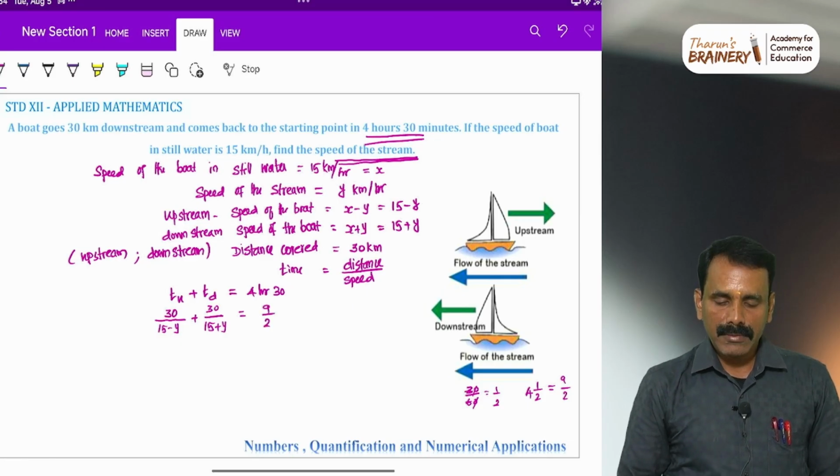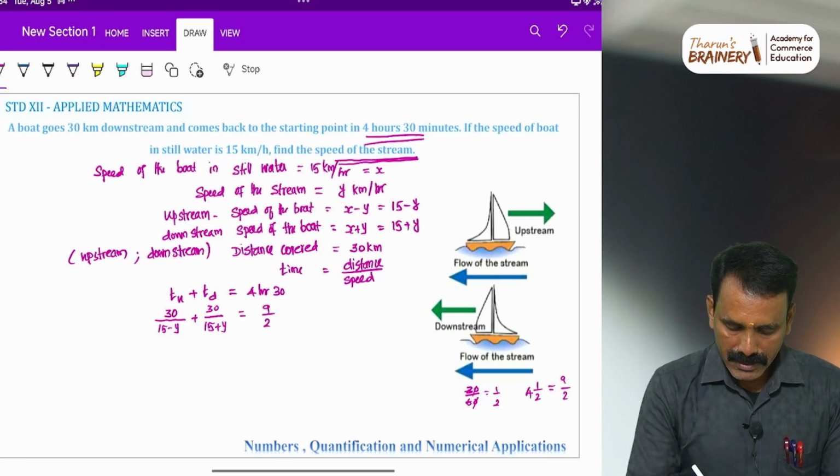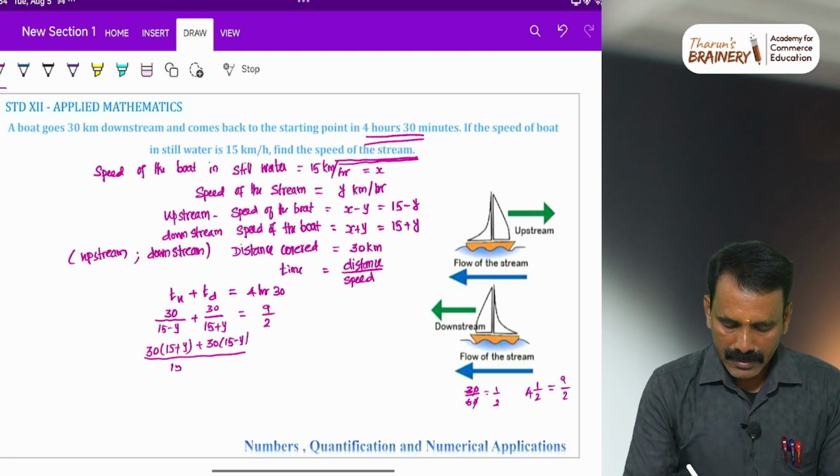We take LCM now. So it is 30 into 15 plus y plus 30 into 15 minus y divided by 15 minus y into 15 plus y, that is equal to 9 by 2.